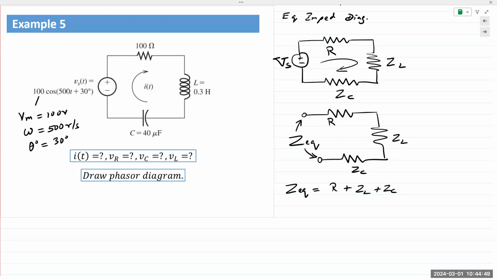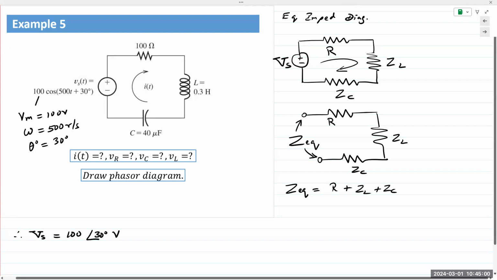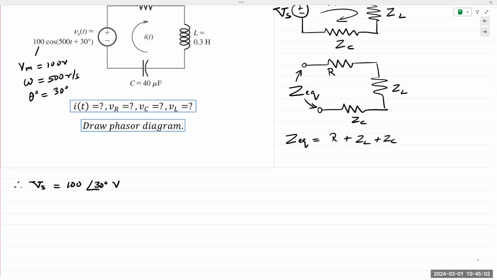So phasor for Vs would simply be 100 with a phase angle of 30 degrees, unit of volts. ZL is omega L with an angle of 90 degrees.